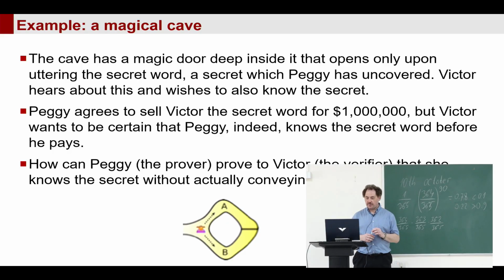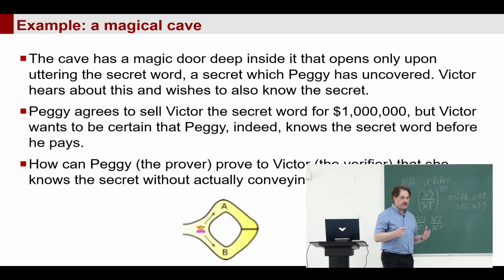It happens that the prover, Peggy, discovered the secret word. Now, the verifier, called Victor, hears about this fact and also wishes to know the secret. So Peggy agrees to sell Victor the secret word for $1,000. Oh, for $1 million.